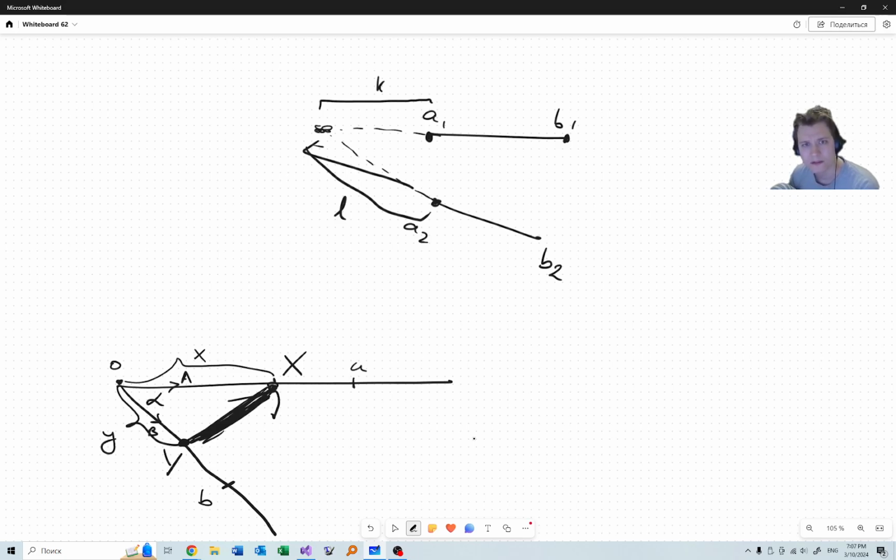So let's call it v1 and let's call it v2. So I want to find such numbers k and l that a1 minus v1 times k equals a2 minus v2 times l.